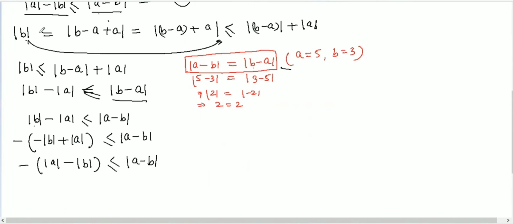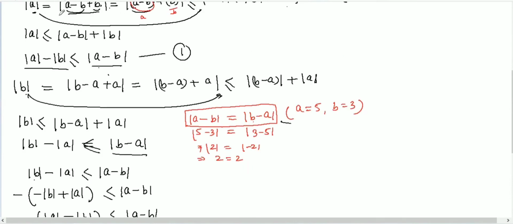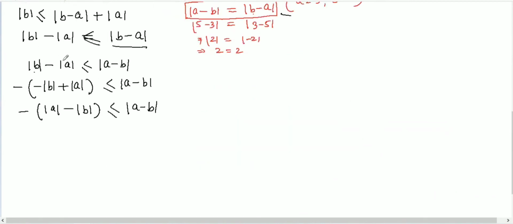Now we have absolute value of A minus absolute value of B, which is the same as in equation 1. Now we need to bring this minus to the other side.